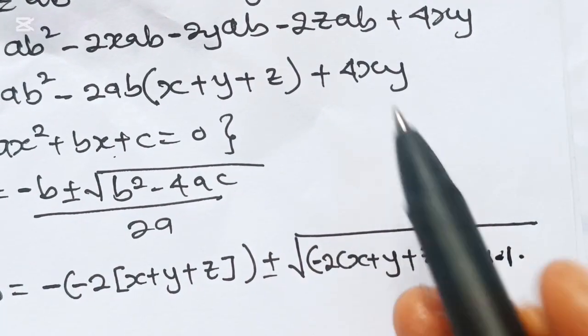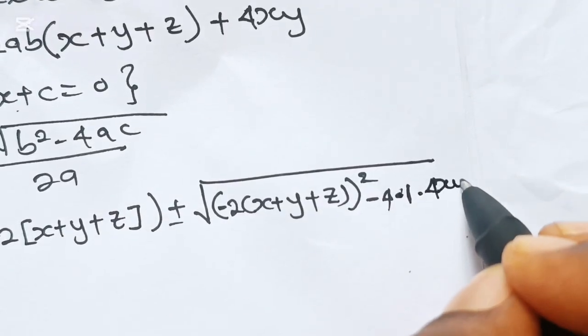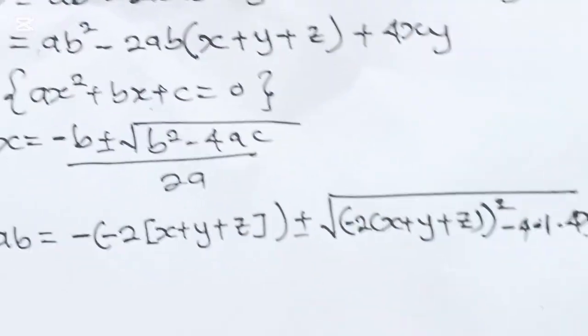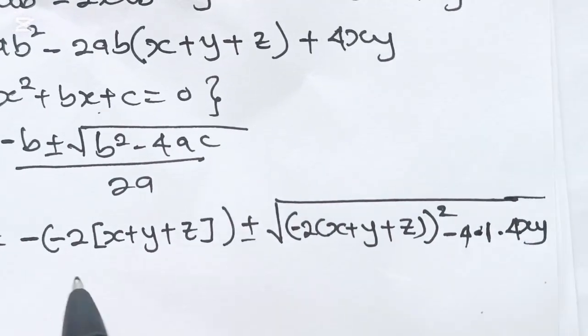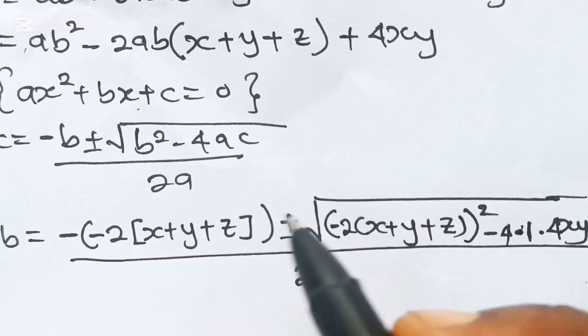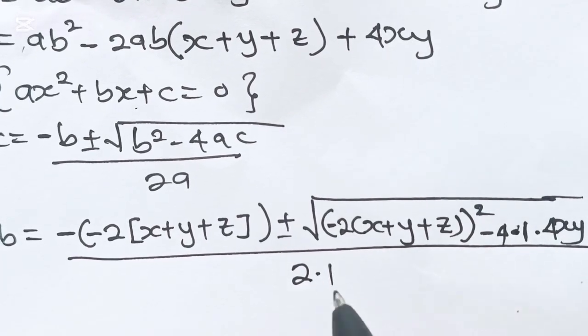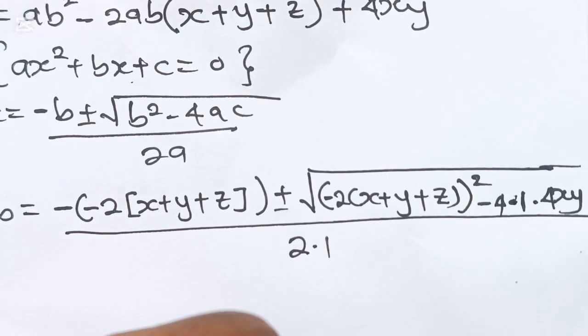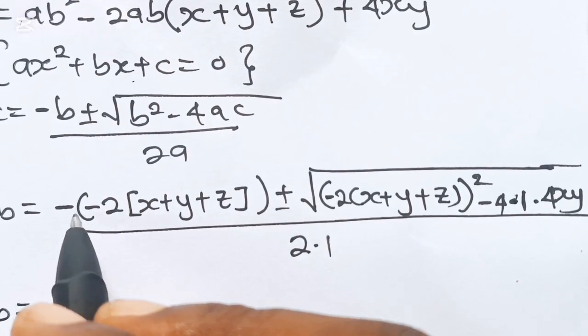Our c is 4xy. Now everything is divided by 2a, and our a is what? 1, the coefficient of ab squared. So if we solve further, we have ab, minus minus is plus.